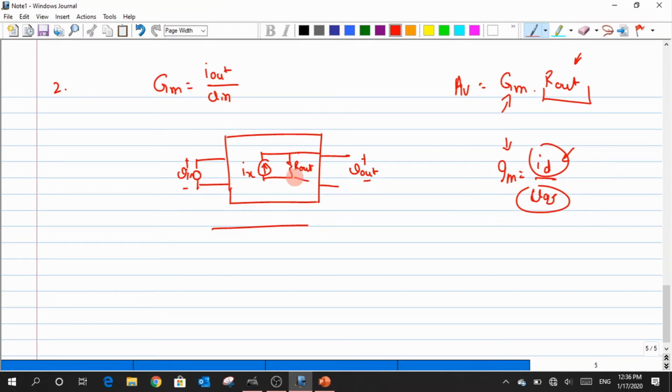This is a general circuit that you generally have inside this particular box. The only thing I'm worried about is how to extract this I out parameter from the two-port network.